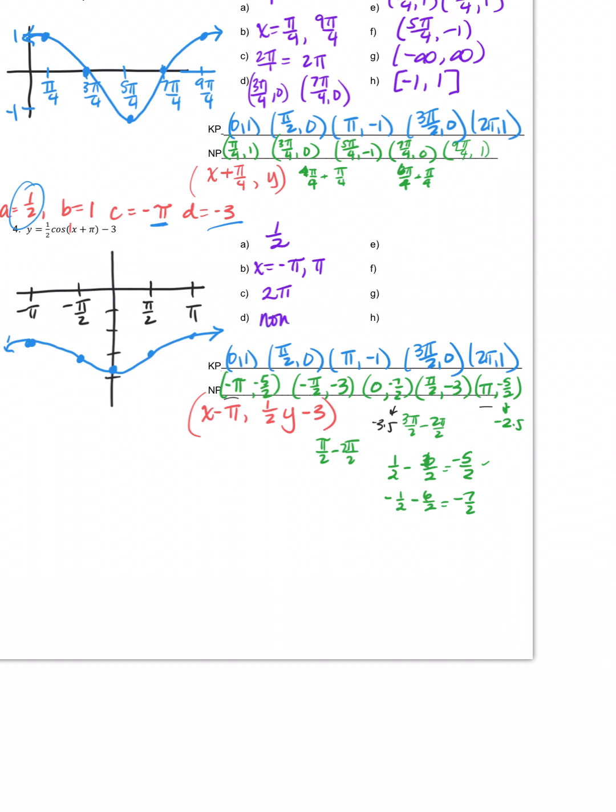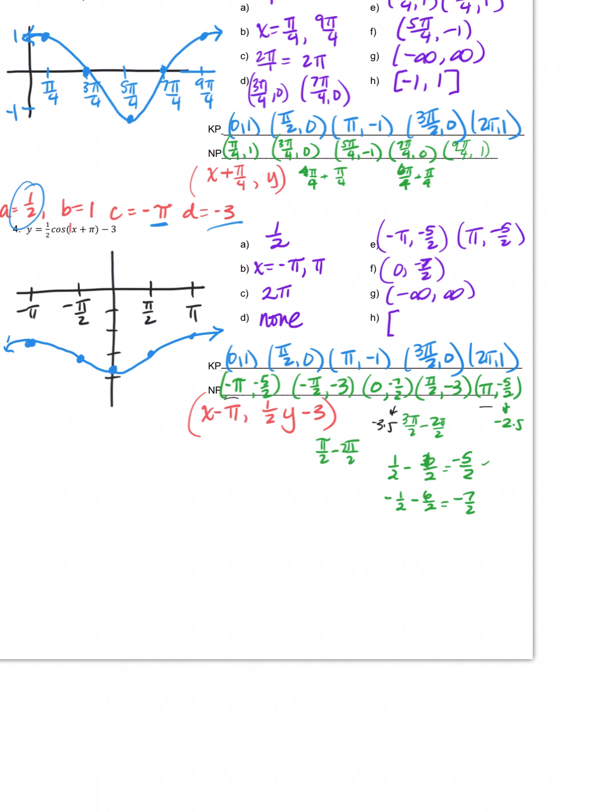X-intercepts, notice it doesn't touch the x-axis, so it doesn't have any x-intercepts. Our maximums happen at negative pi, negative 5/2, and then at positive pi, negative 5/2. Our minimum occurs at negative 3.5, so that's 0, negative 7/2. Domain still hasn't changed, it's all real numbers.